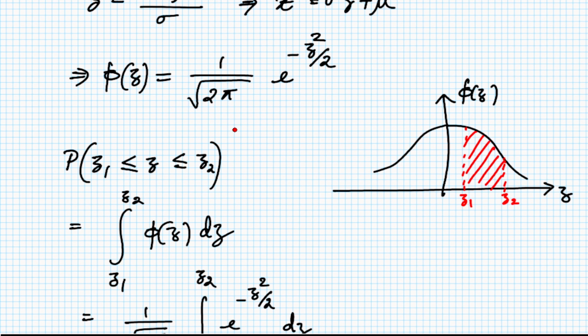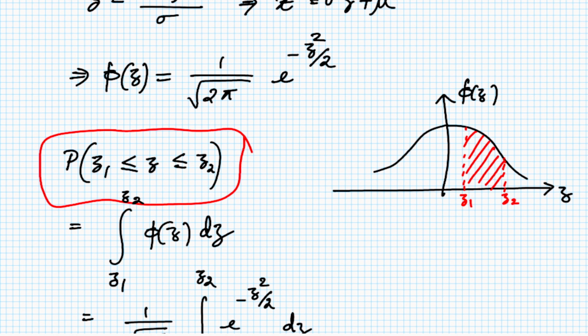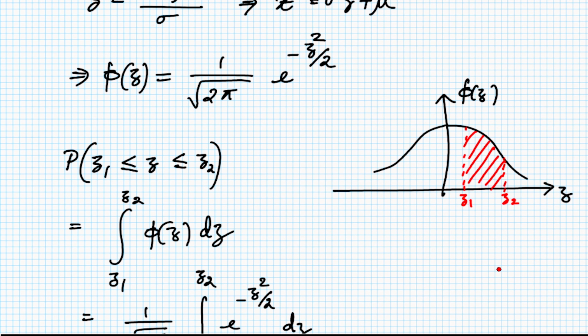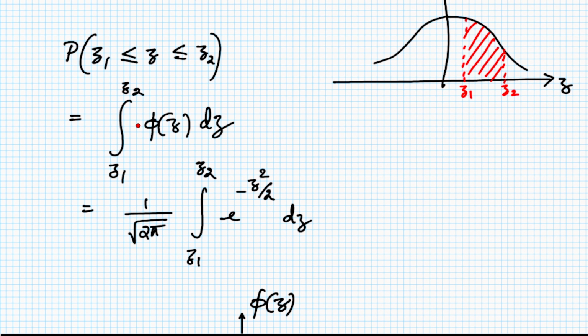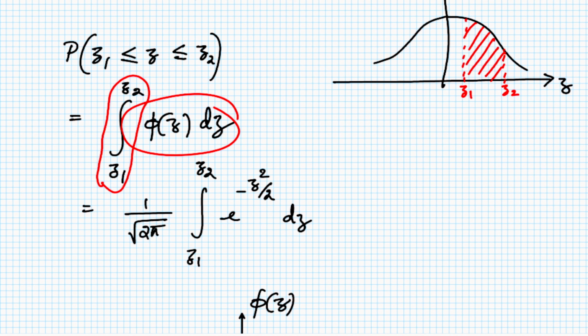Now, if I want to calculate the probability, as per the basics, I should integrate this phi of z, right? If you want to find the probability for a specific region, put that as a limit. So just see here, probability is equal to the integral from z1 to z2 of the function with respect to the variable of integration, that is phi of z dz.